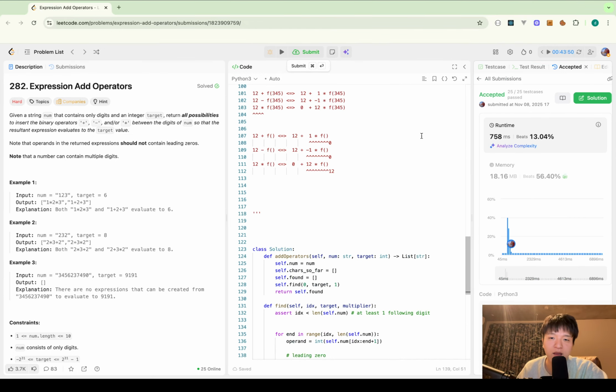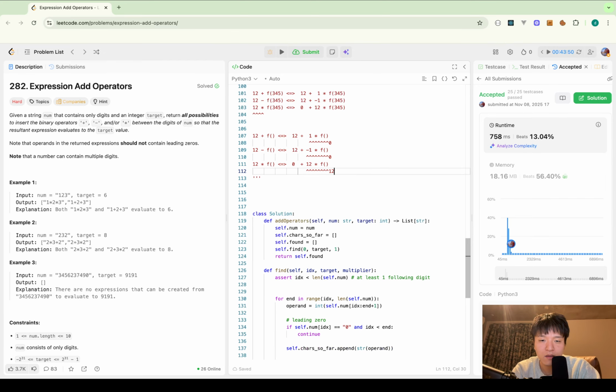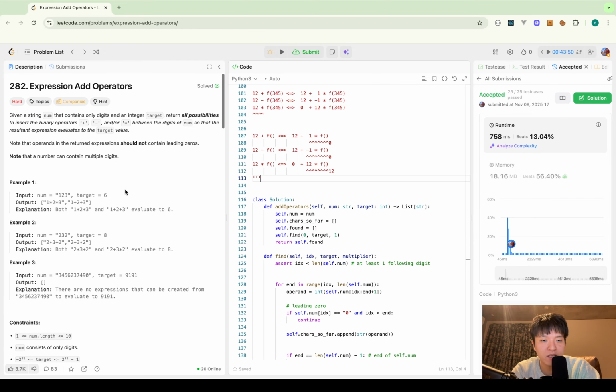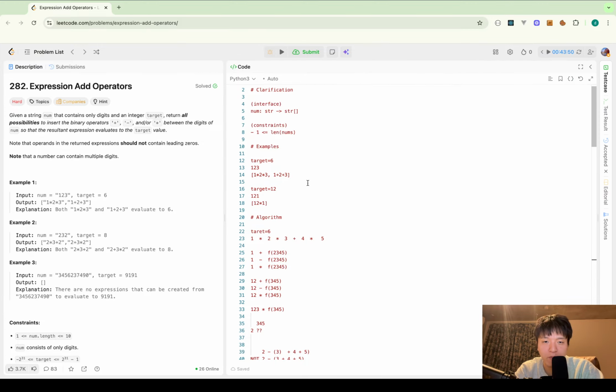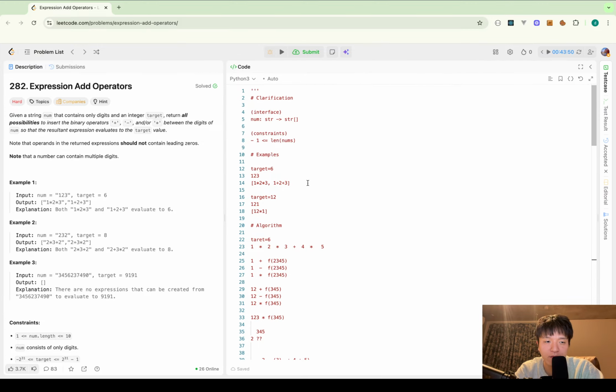And accepted. Great. Okay, let me quickly wrap up. Today I saw the question, Expression Add Operators. Firstly, I thought this was a dynamic programming question, but actually it wasn't. I had to return all the possible strings, which means I have to visit every possible combination, every possible choice.